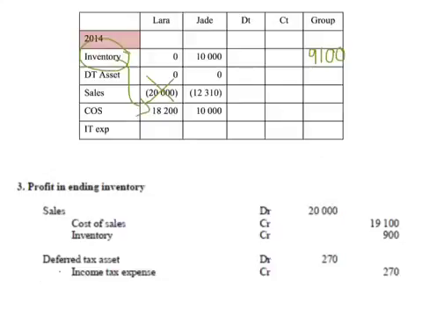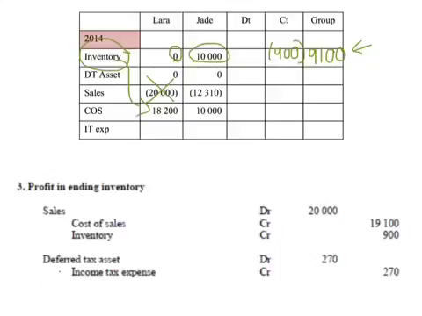So therefore, to adjust our combined value of inventory, which is in this case now the 0 plus the 10, so $10,000, to what it should be from a group perspective, $9,100, we have to make a credit adjustment of $900 to inventory.